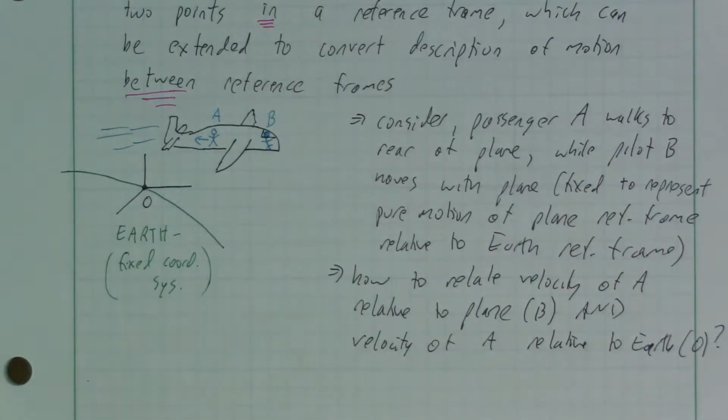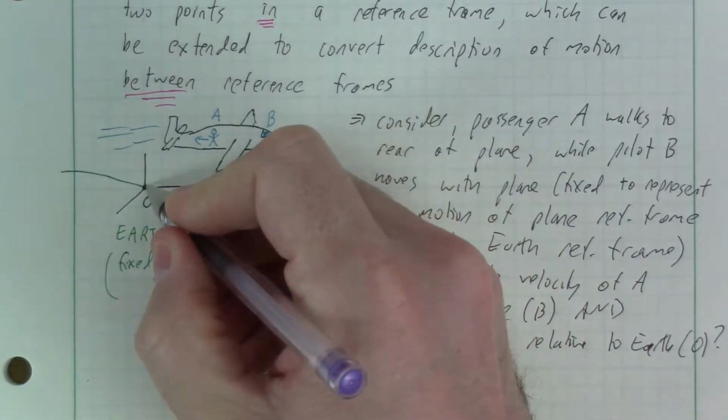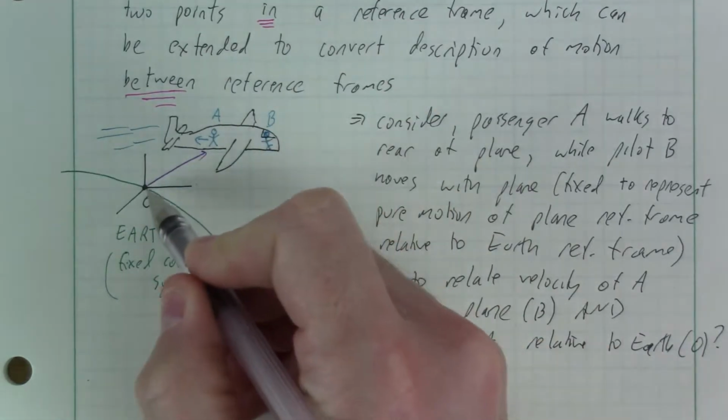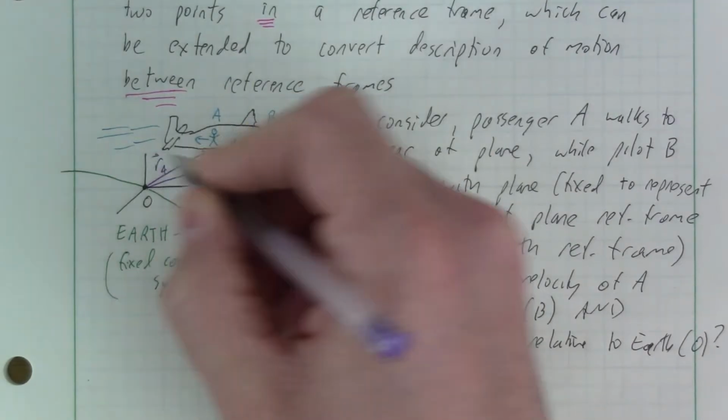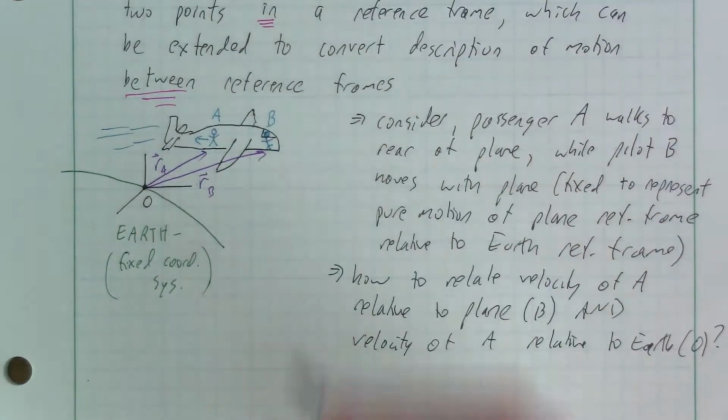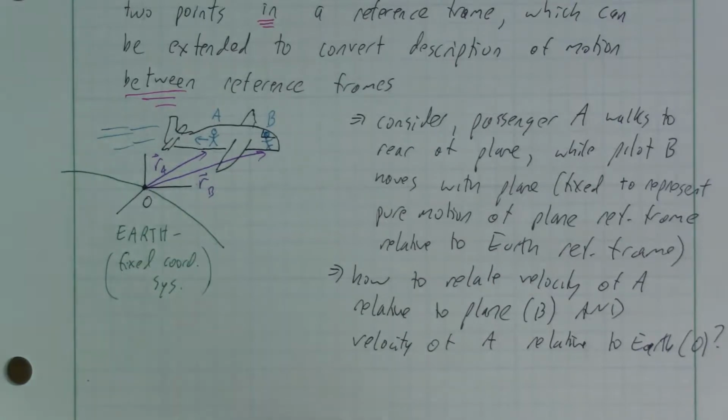Okay, so let's see here. So the position vectors to these two important points for the Earth reference frame, right, is going to look something like that, and like that. So this is RA, down here is RB. These are in the fixed Earth coordinate system, right? Okay, let's write those out.